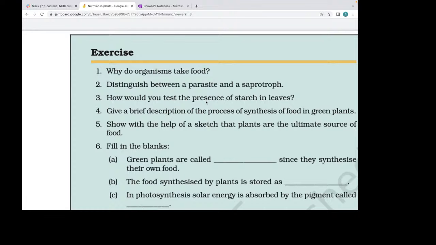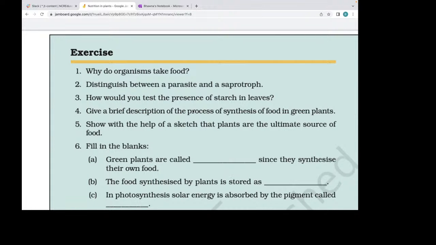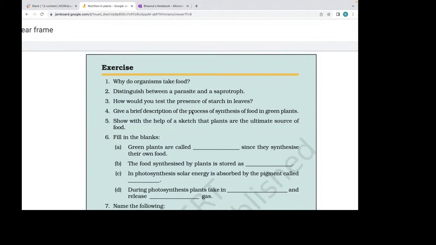And then after that we put 2 drops of iodine solution on it, and its color changes. It becomes blue, so that proves the presence of starch in it. Okay, so we can perform the iodine test to test the presence of starch in leaves.